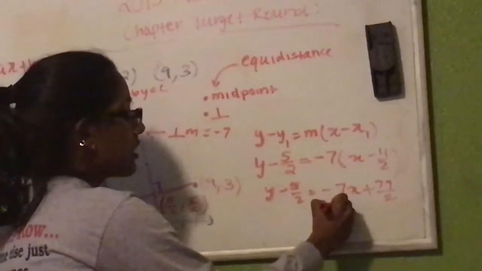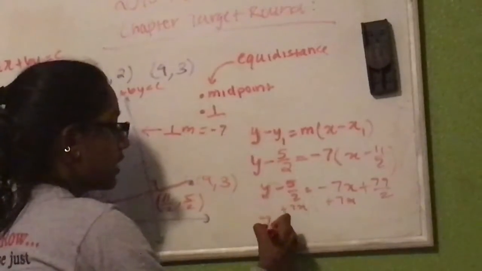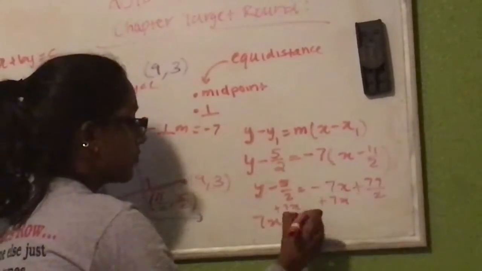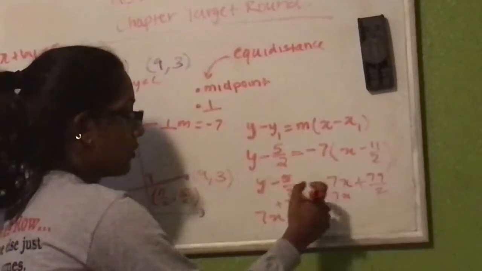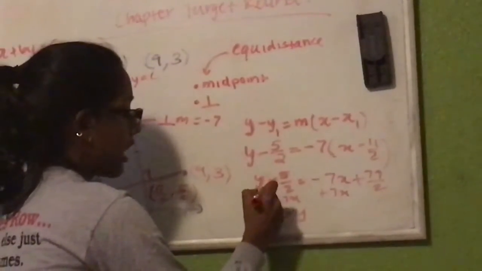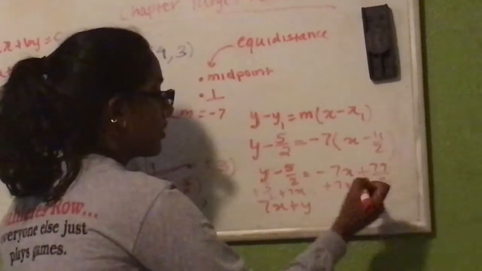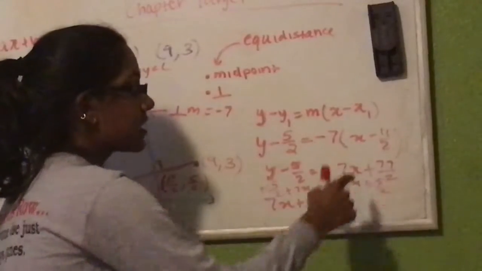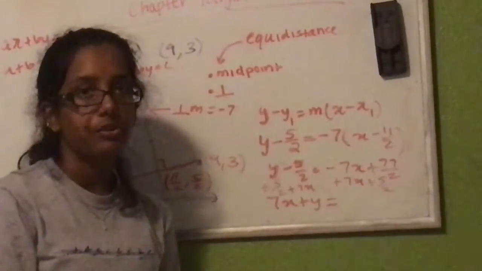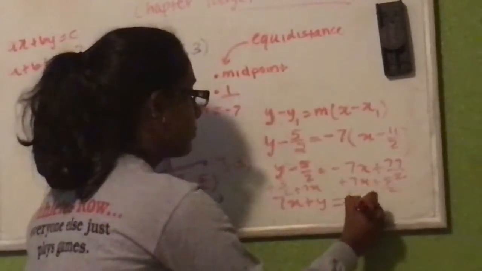So I'm going to bring the 7x over, and I get 7x plus y, and I'm also going to add 5 over 2 to both sides, and that gives me 77 over 2 plus 5 over 2 is 82 over 2, which gives me 41.